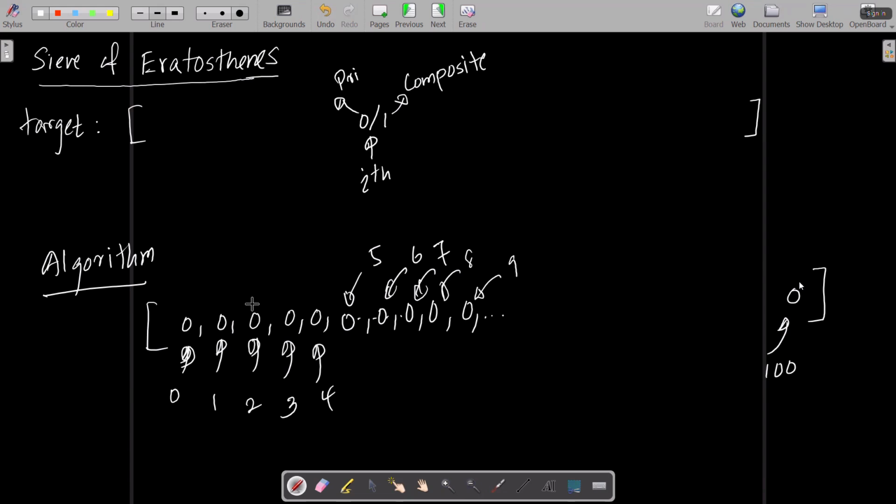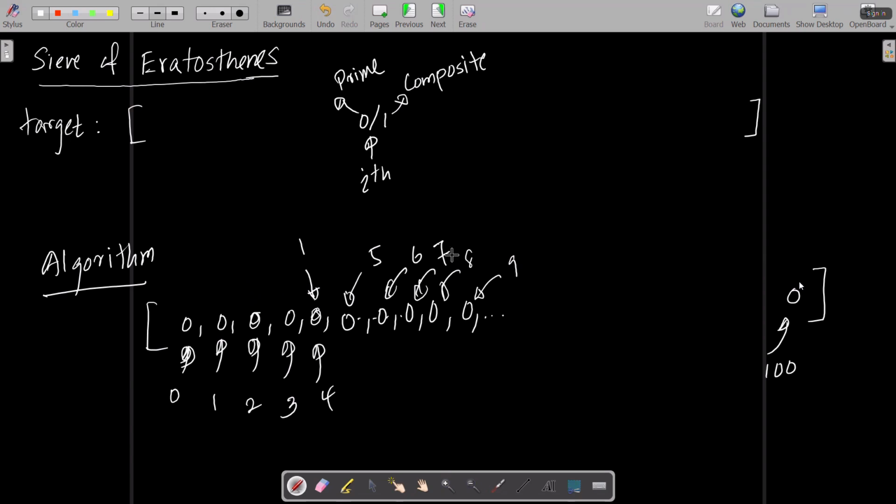We start from 2. And we set the value to 1 for every index that is a multiple of 2. So we iterate from 2 to n.